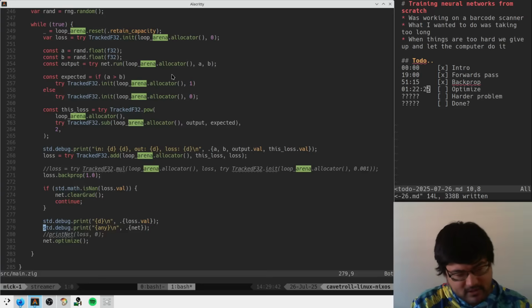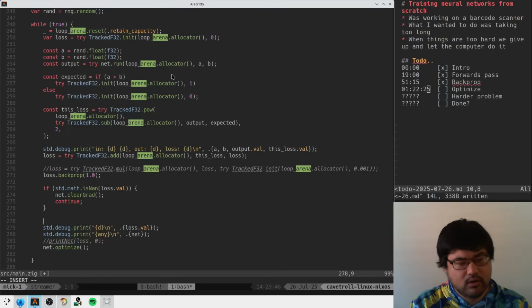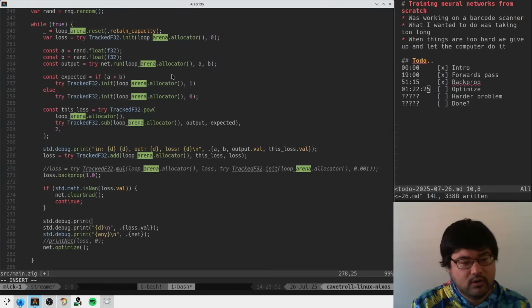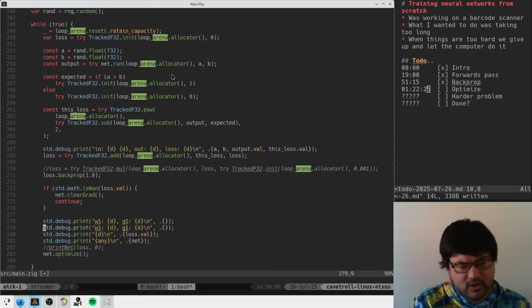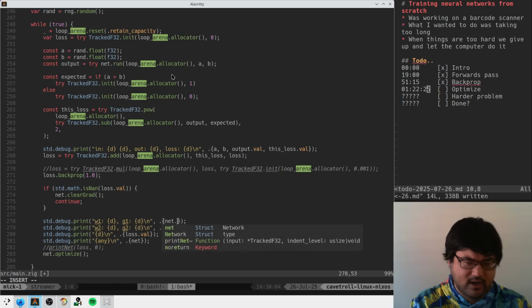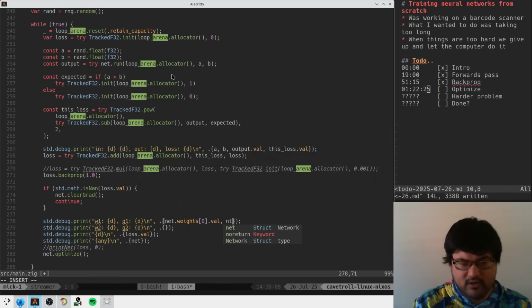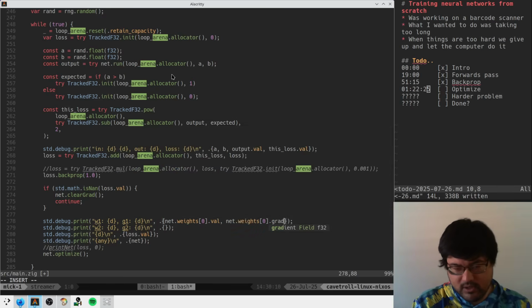No, we need to log this better. It hurts my brain too much. Standard debug print. Weight 1 is this, with gradient 1 is this. And then 2 like this, and this is net weights 0 val, net weights 0 gradient.